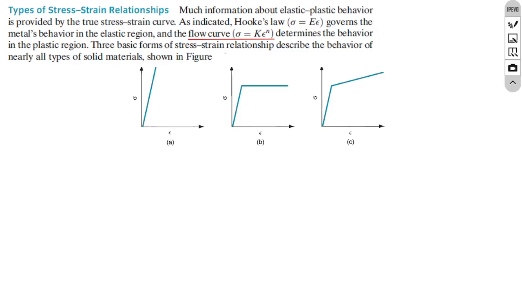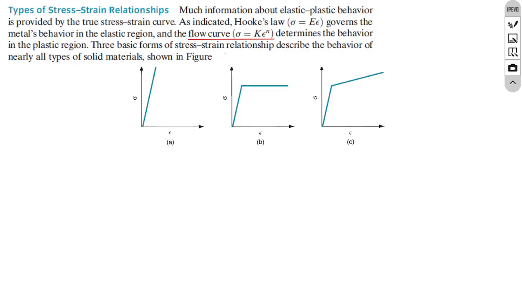In the jargon, since after yielding the material flows and deforms like a fluid, the deformation can be seen even with the naked eye. It is similar to the flow of a liquid.